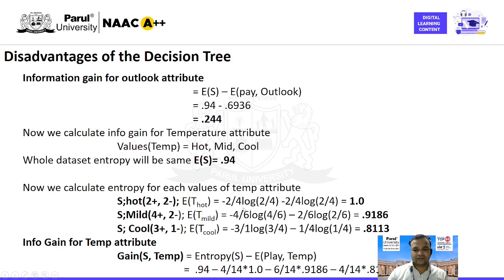Similarly, you will get entropy for hot 1.0, entropy of mild 0.9186, entropy of cool 0.8113. For info gain for the temperature attribute you use this formula: entropy of S minus entropy of play comma temperature. You put all these values in this formula, you will get 0.0289.